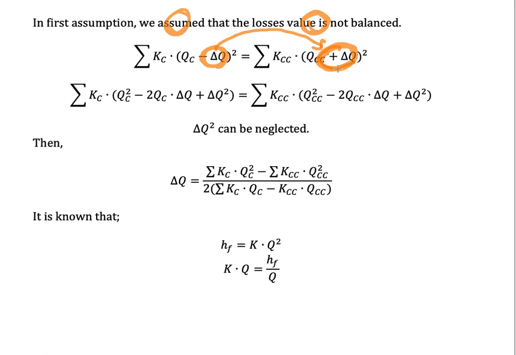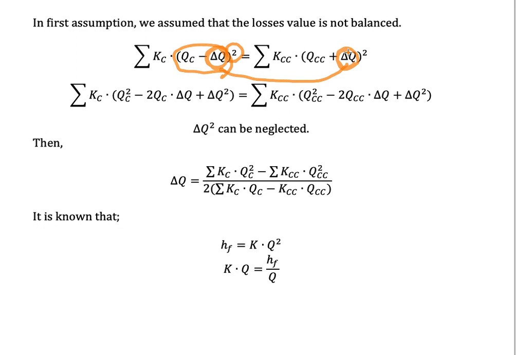Please make sure that you write Qc minus delta Q in bracket squared, and then you add the same amount of delta Q to this one.